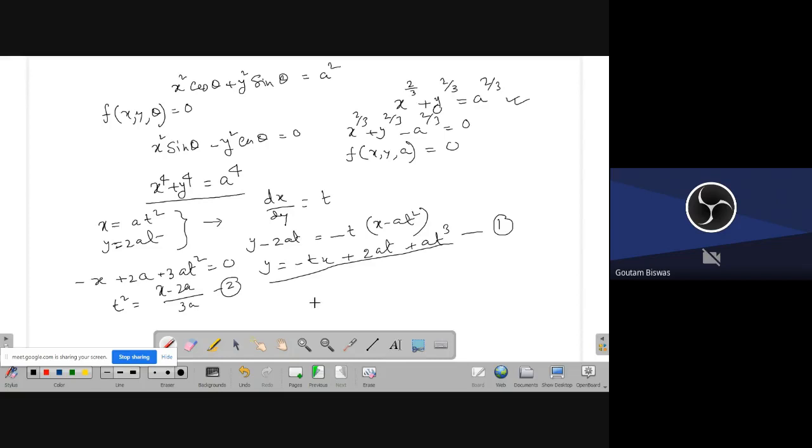You will get the result 9y^2 = 4(x - 2a)^3/(3a). Just simplify it, you will get 27ay^2 = 4(x - 2a)^3.